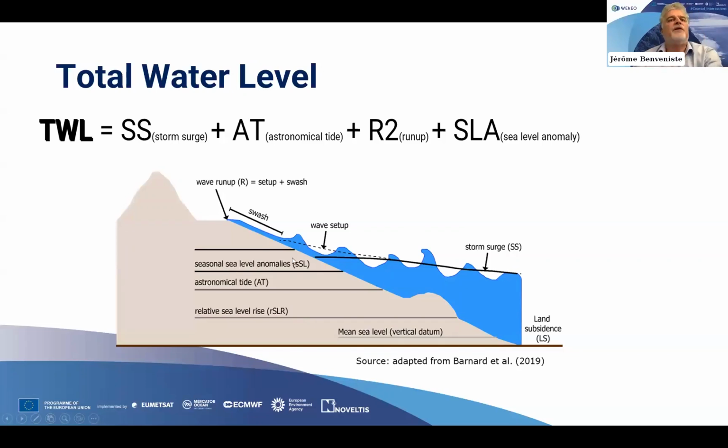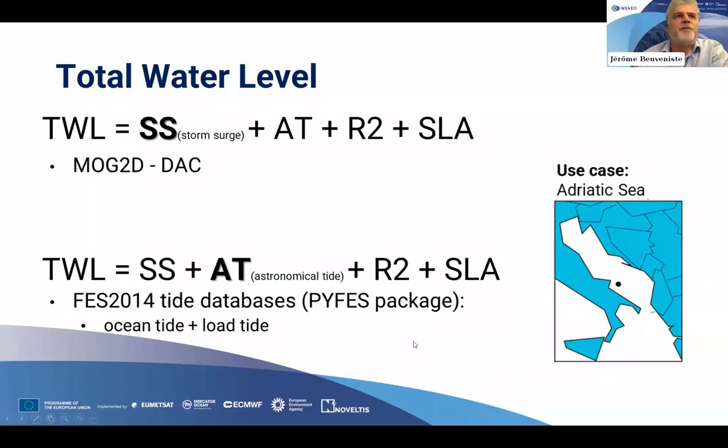The seasonal sea level anomaly, basically the mesoscale anomaly, of course, but also seasonal oscillations like El Nino or the North Atlantic Oscillation. And then there's the wave. There's a storm surge here, due to, for instance, the atmospheric pressure lowering, so the water goes up if there's no pressure pushing it down. And then the wave setup and the swash, so the total of setup and swash is called the run-up. And we'll see this in detail.